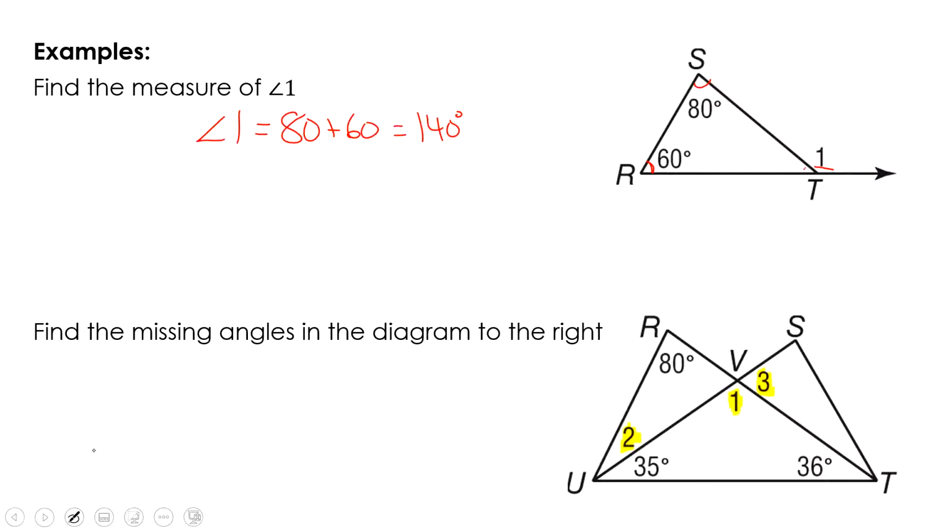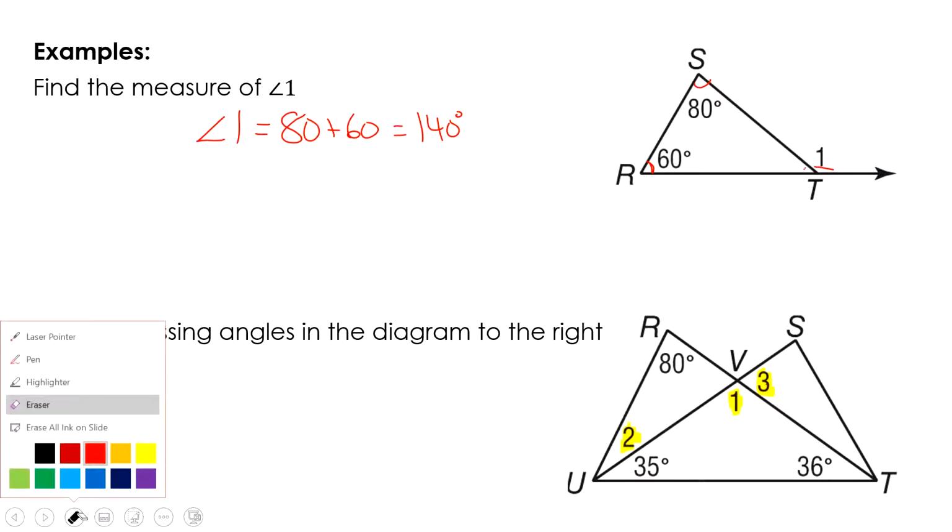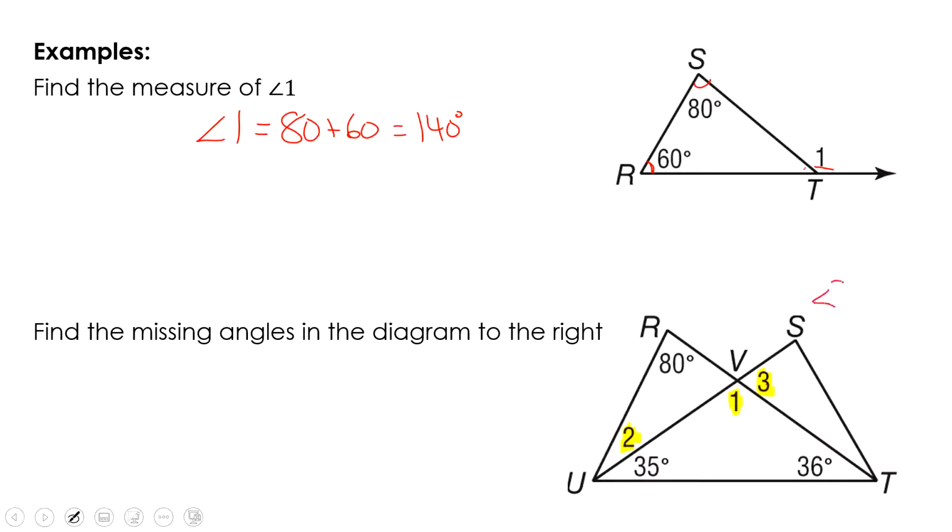So the first thing I look at, I can see that angle 3 is the exterior angle for angle 1, which is inside triangle VUT. So that tells me angle 3 is going to equal 36 plus 35, or angle 3 is 71 degrees.